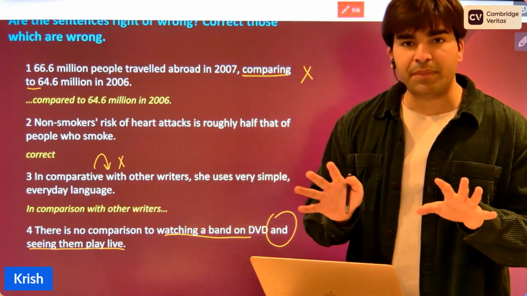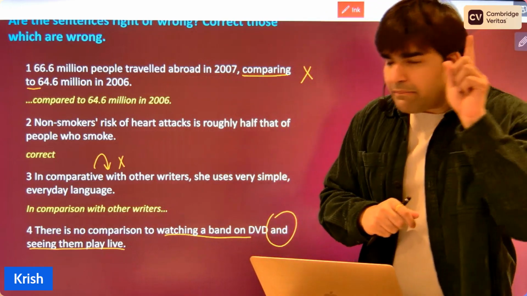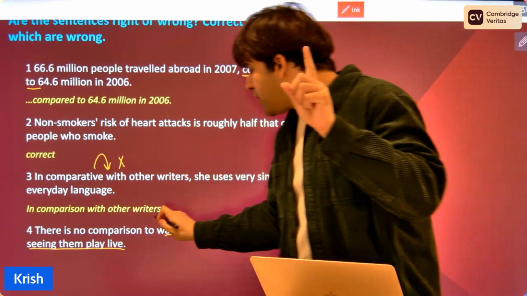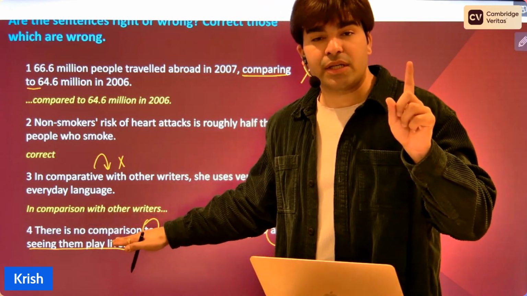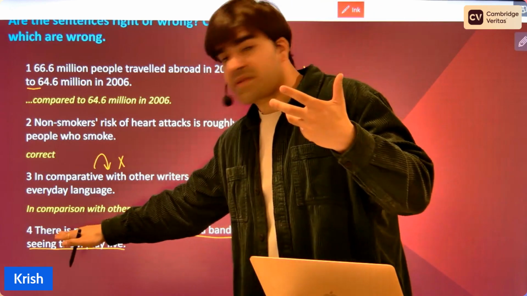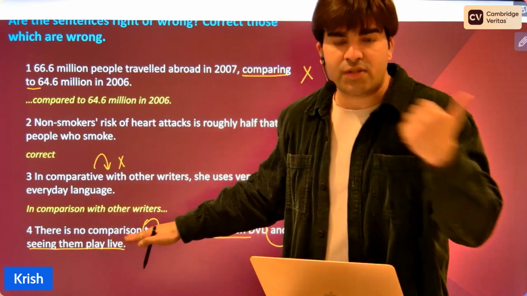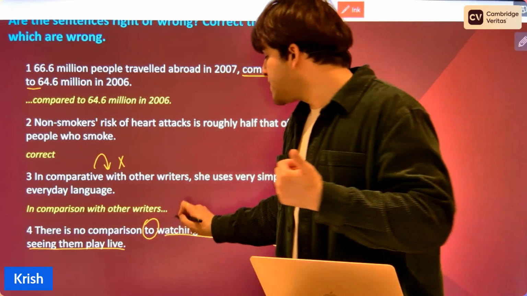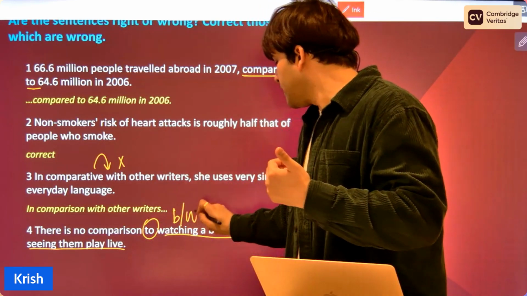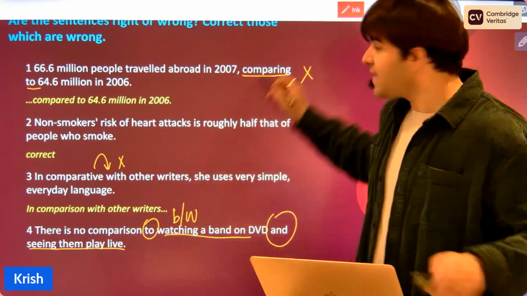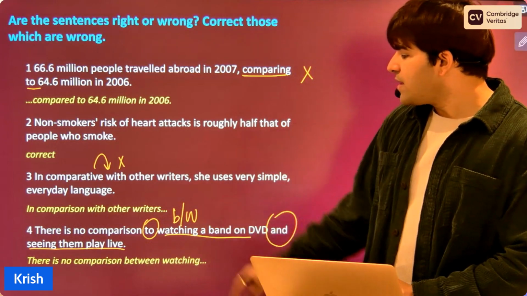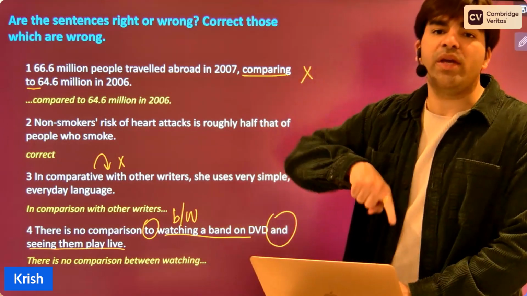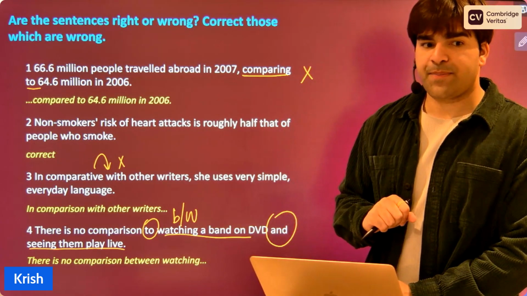Do you remember I told you whenever we say there is comparison or there's no comparison, we end up using between rather than to. And that's exactly what the correct answer is as well: there's no comparison between watching.